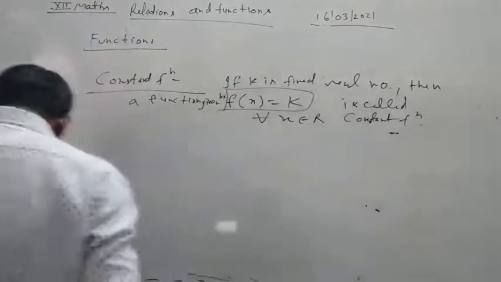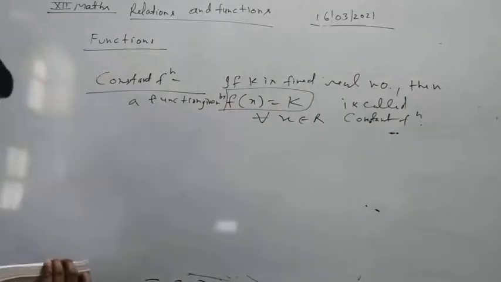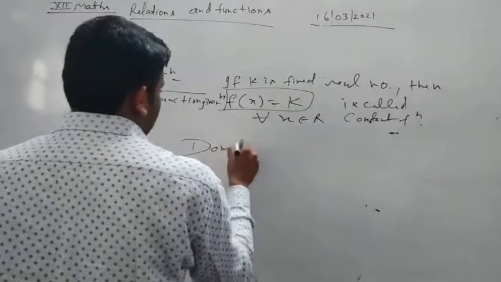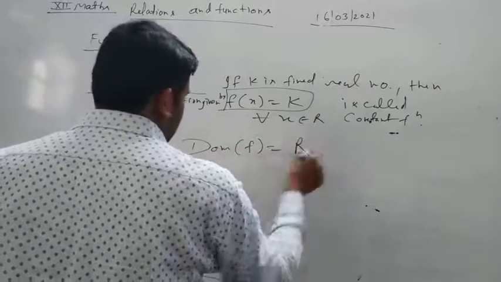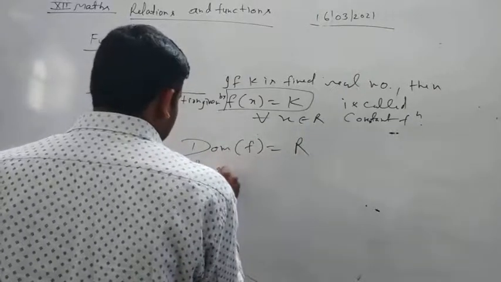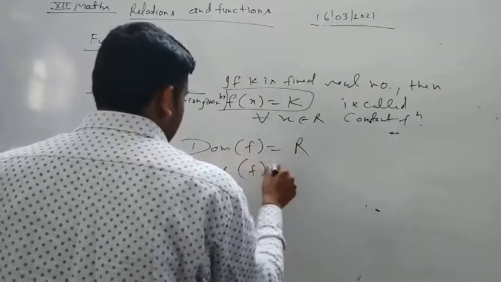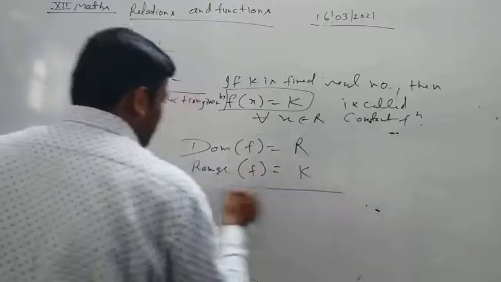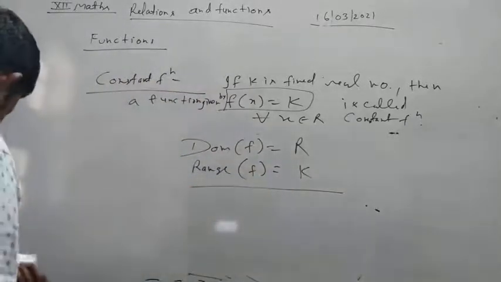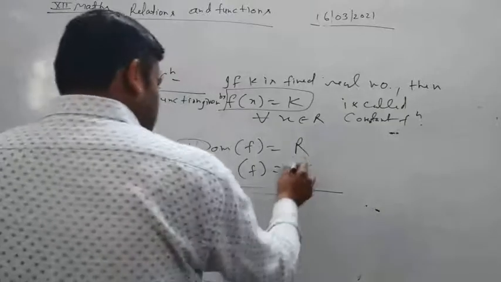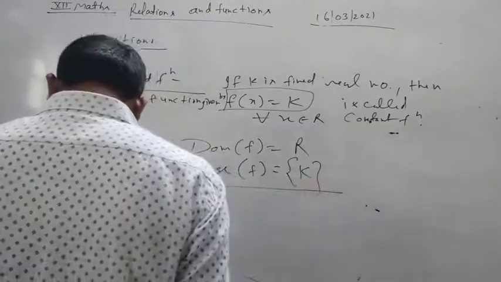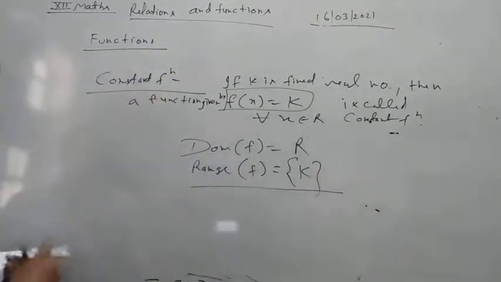The domain of a constant function is R, and its range is that constant, a singleton set. This will be the domain and range.